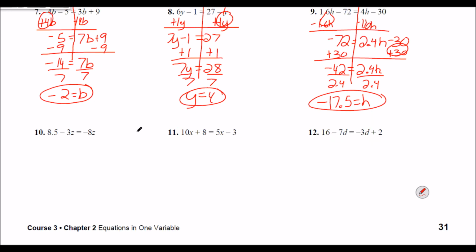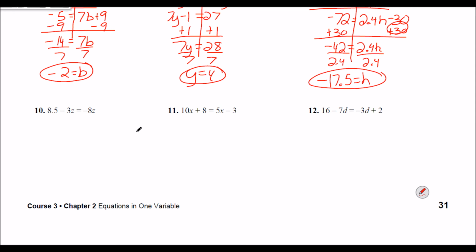All right? Number 10, we have a negative 3z or a negative 8z. Again, negative 8z is smaller, but because I know that negative 8z is by itself, I really don't want to move it. I want to move the negative 3z. So I'm choosing to not follow that rule of thumb of moving the smaller one, since the negative 8z is by itself on the right side of the equation.